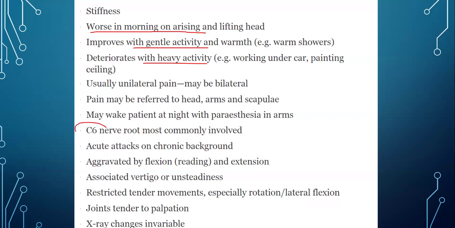Okay? C6 nerve root is most commonly involved. Sometimes even patient can have an aggravation of the existing pain. They can have associated vertigo or unsteadiness with the neck problem.